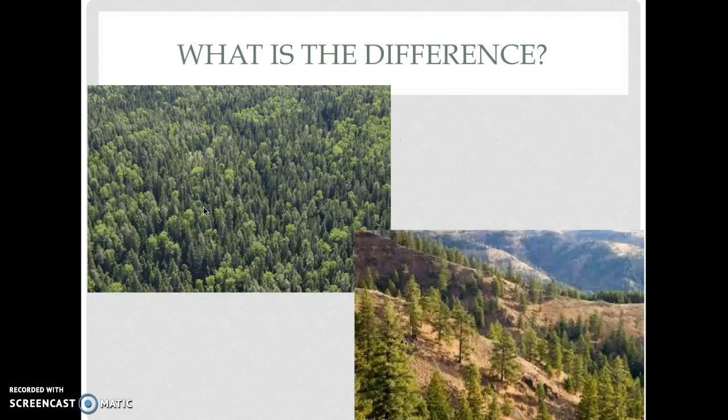Now we can see two different pieces of land. The size and shape of both lands is the same, but here is a difference. What difference can we see? In the upper one, there are so many plants, very tightly packed, and in the other one there are fewer plants, a little far away from each other, and we can see more land.